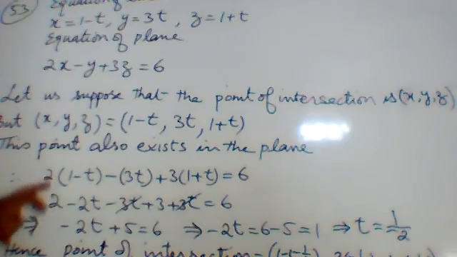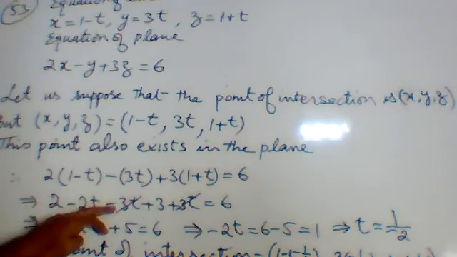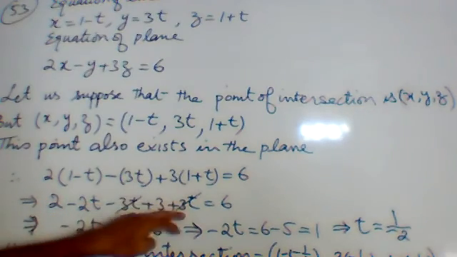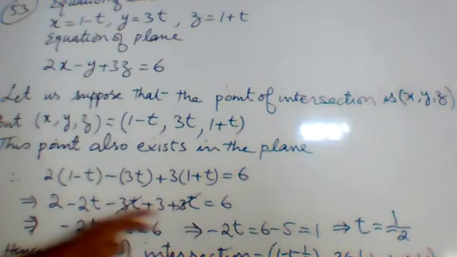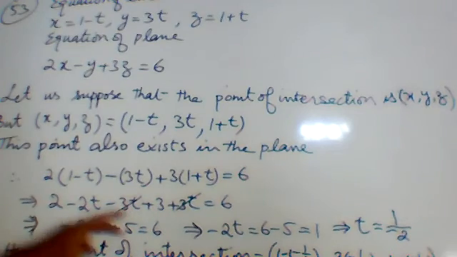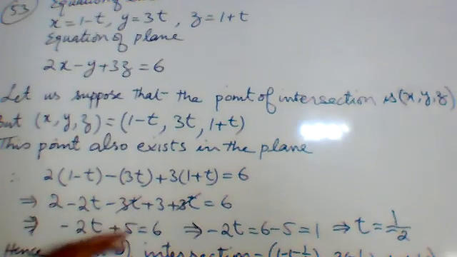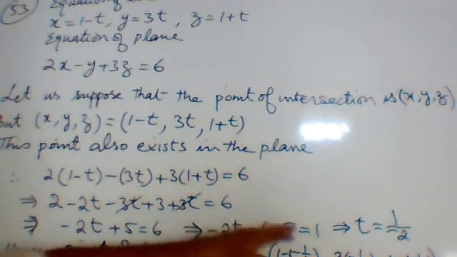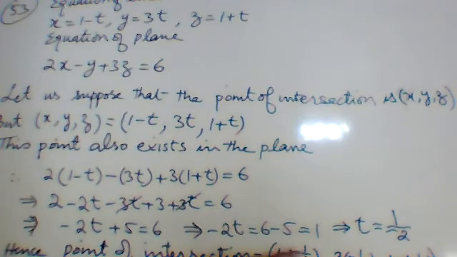We will open it. 2 minus 2t minus 3t plus 3t equal to 6. 3t is cancelled by minus 3t. So 2 minus 2t, 2 plus 3 will be 5, equal to 6. 5 is shifted on the other side. Minus 2t is equal to 6 minus 5 equal to 1. Then t is equal to 1 over minus 2. So t is equal to minus 1 over 2.